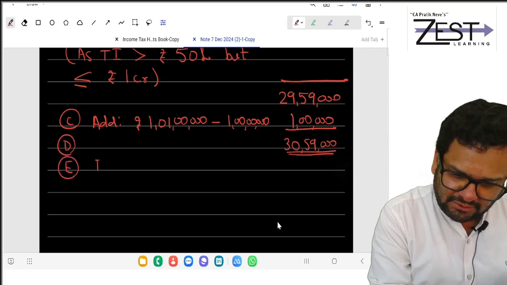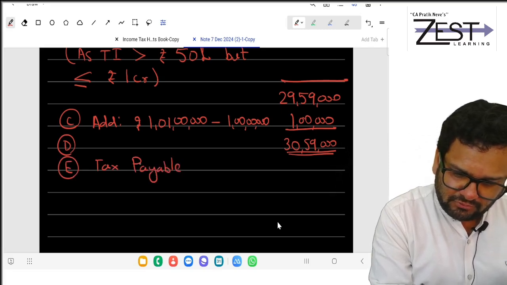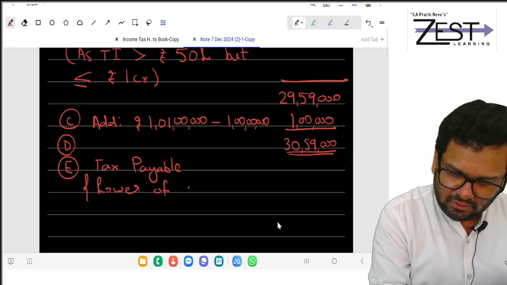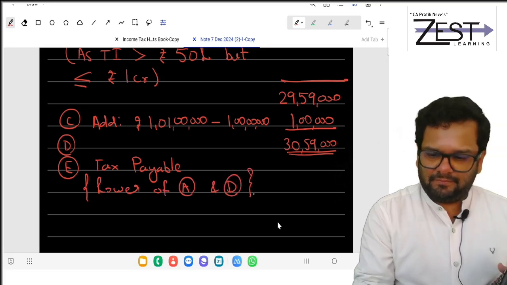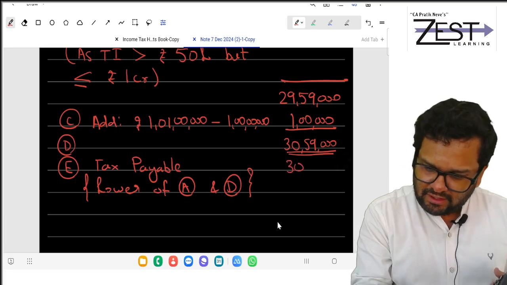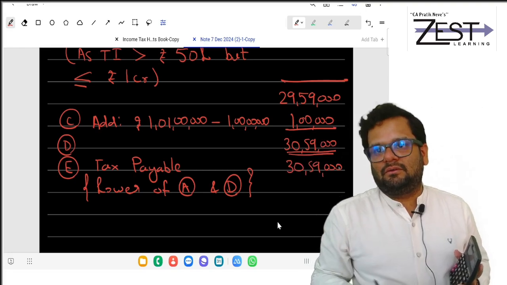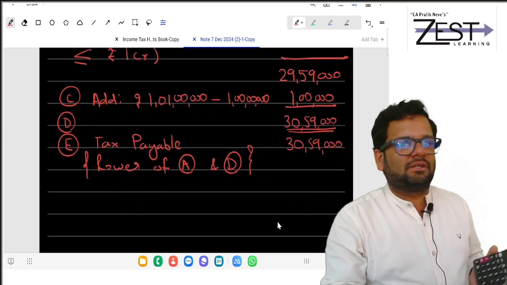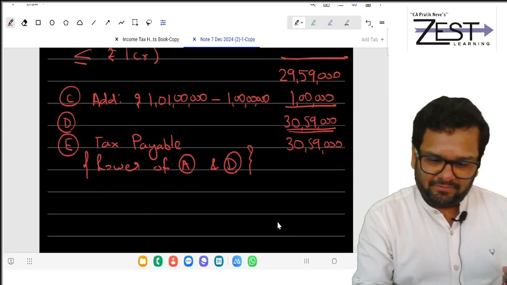So tax payable is lower of what and what? A and D. What is lower of A and D? 30 lakh 59,000, because that was 31 lakh 28,000. That was 3128. No? This is 30. So this is your final tax payable, yes, but cess.